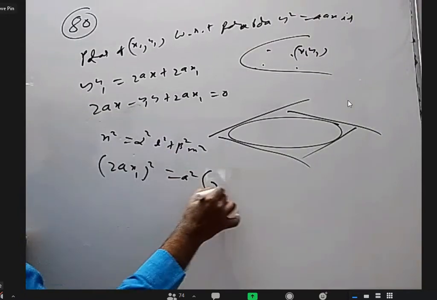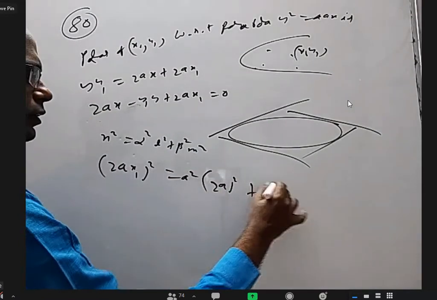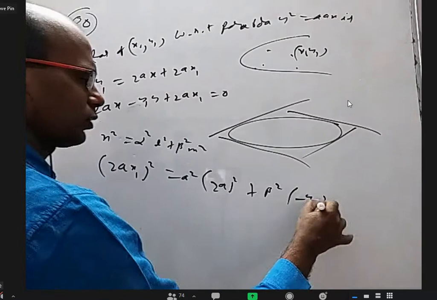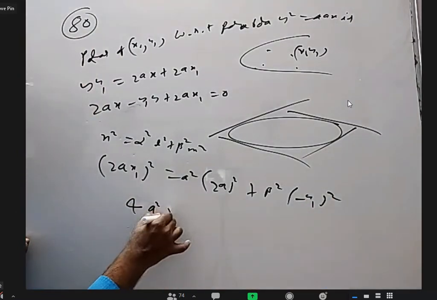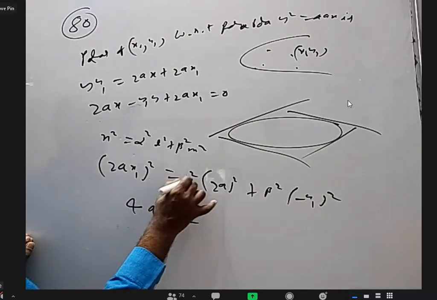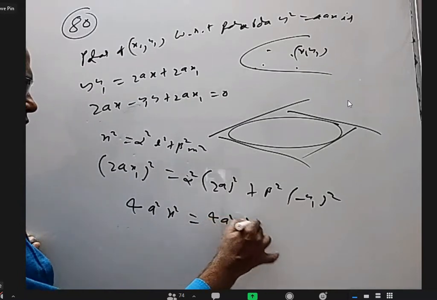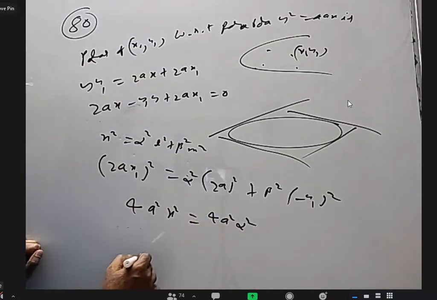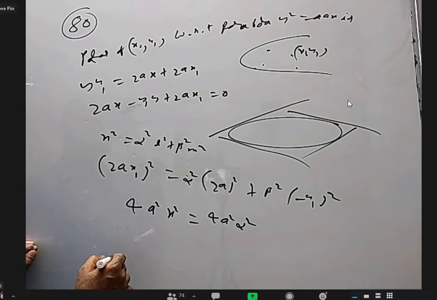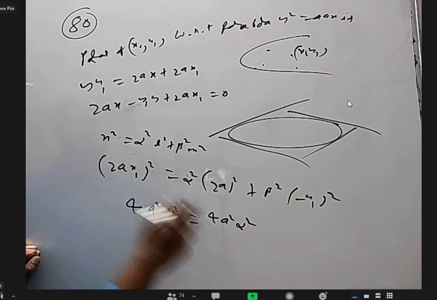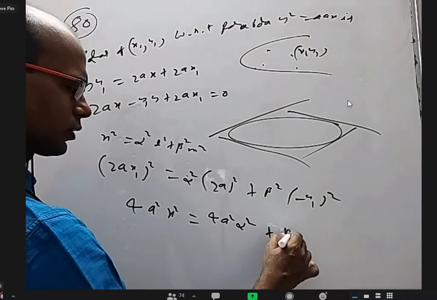Alpha is x coefficient, 2a whole square. Beta square into m is this, minus y1 whole square. So 4a square x1 square equal to 4a square alpha square plus beta square y1 square.